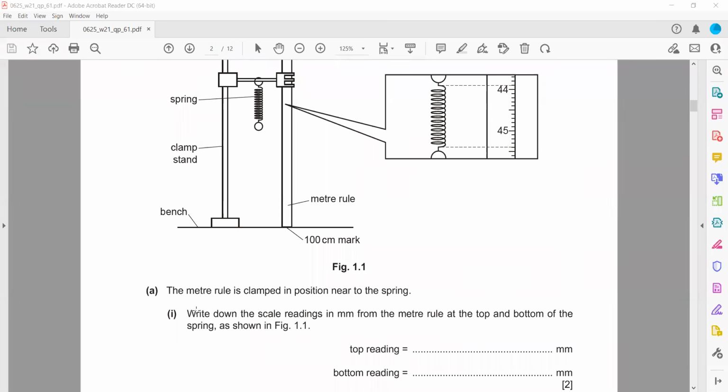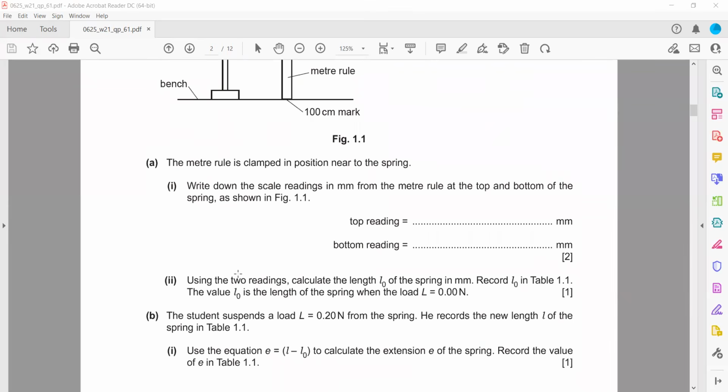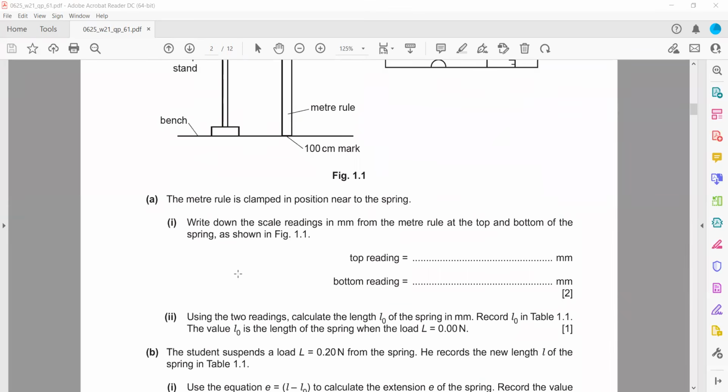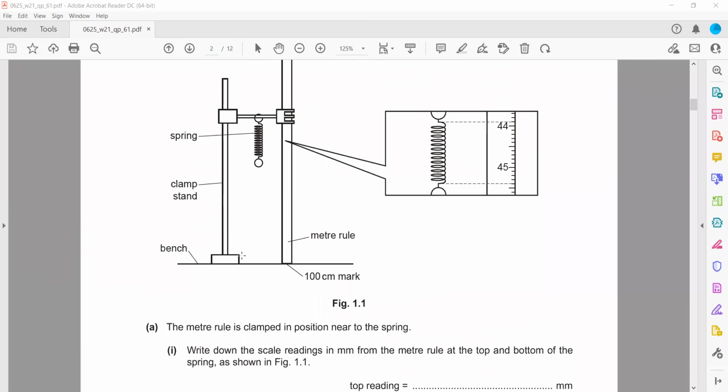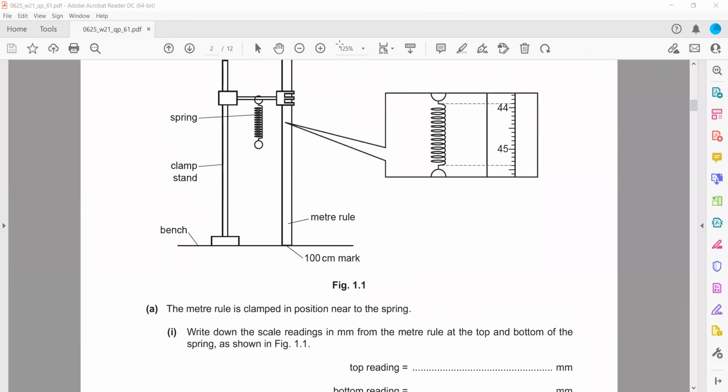The next part, use the two readings, calculate L naught. L naught means original length. So what is this length we have to calculate? L naught here means when nothing is attached, no load is attached.